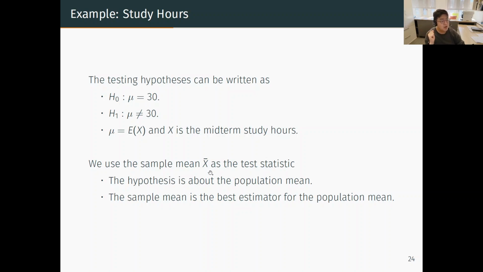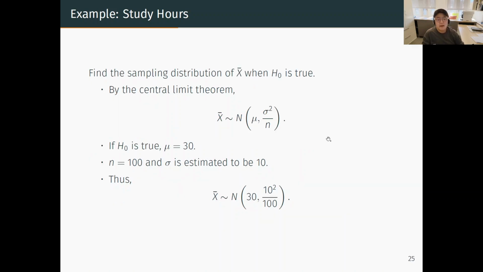The idea is we compare the sample mean calculated from the data with my belief about the true mean. I believe the true mean is 30, but the data tell me it's 31. So it's about that difference, okay? And from now on, we have to apply the theory we learned in earlier chapters. We know that X bar is approximately normal. But what you have to pay a little more attention to here is that we are assuming that the null hypothesis is true.